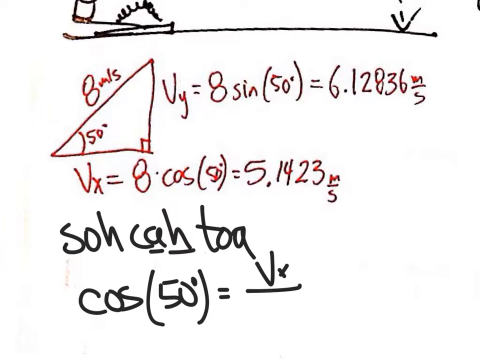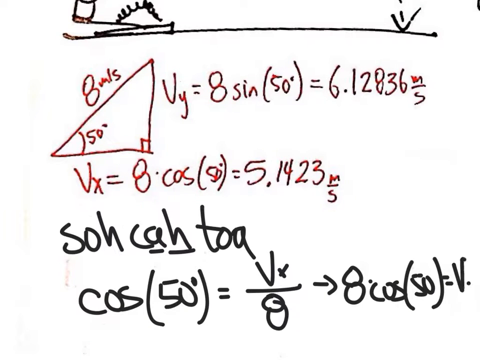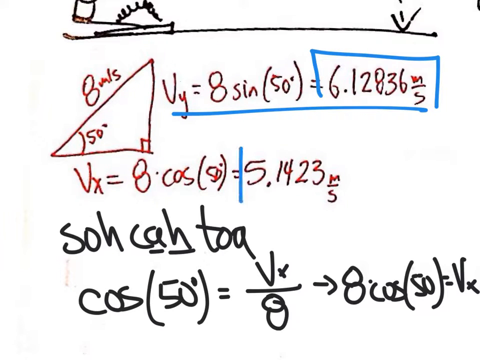In solving for that we could multiply both sides by 8, and we would get 8 times cosine of 50 degrees equals the horizontal component of velocity. You can do the same thing for the vertical using sine, and we end up with this. So there's our vertical component, and here's our horizontal component of velocity.